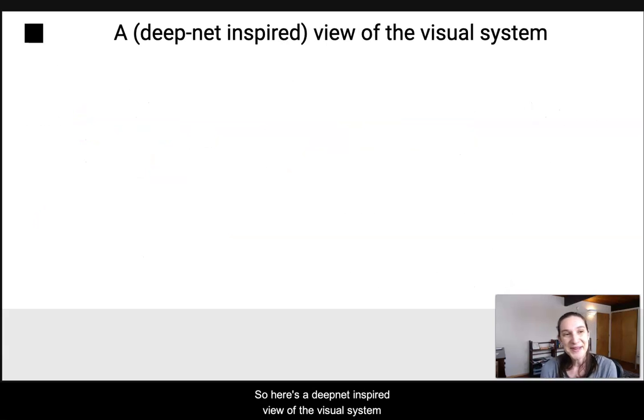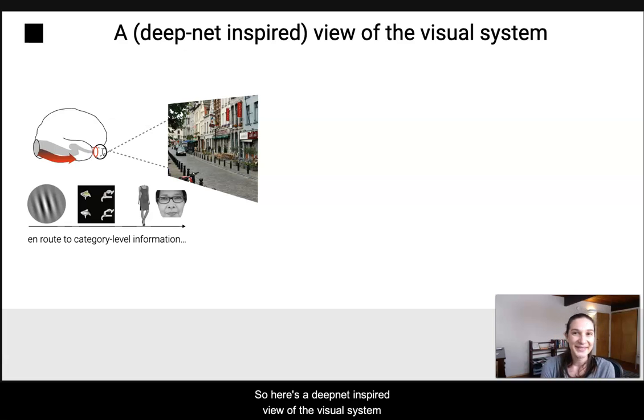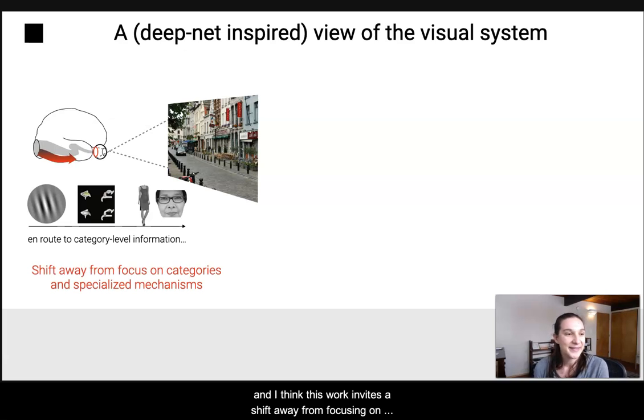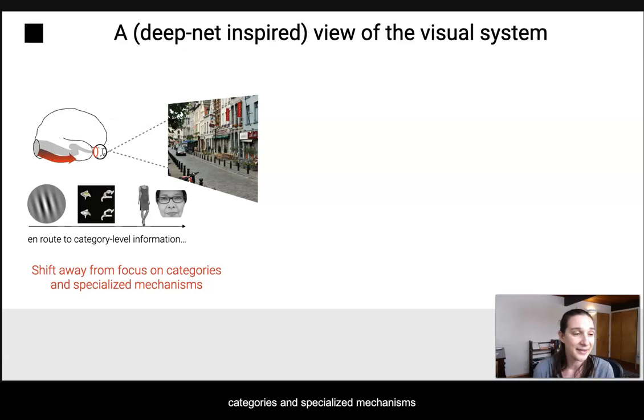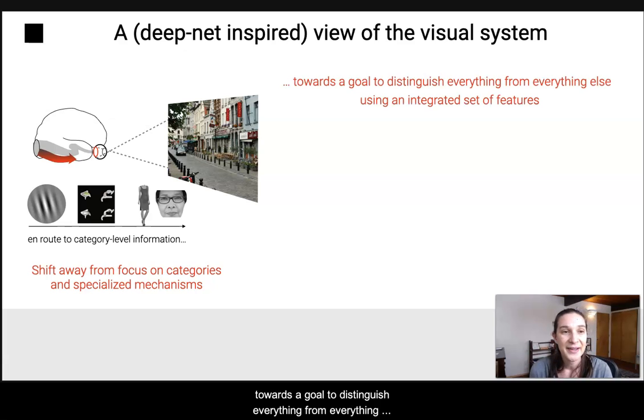So here's a DeepNet-inspired view of the visual system. Classically, we've posed the question of vision as understanding the route to category information. And I think this work invites a shift away from focusing on categories and specialized mechanisms towards a goal to distinguish everything from everything else using an integrated set of features, which can apply to any view.